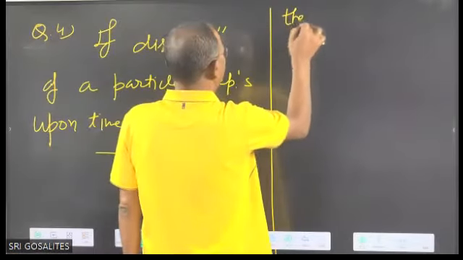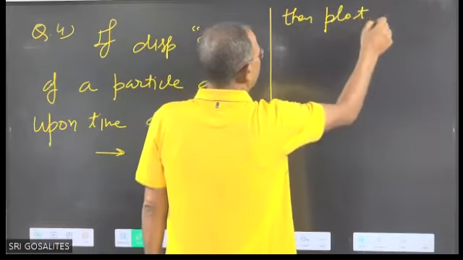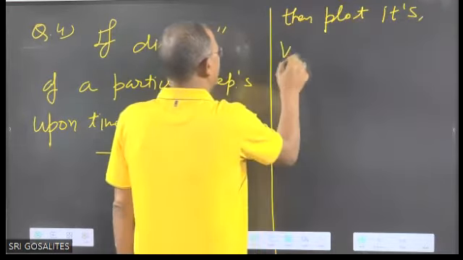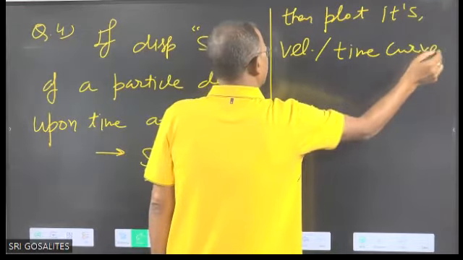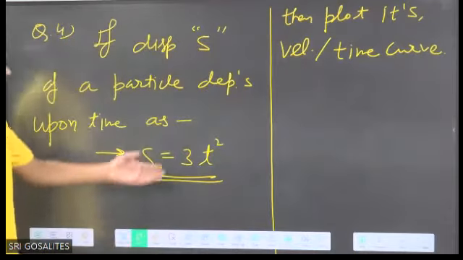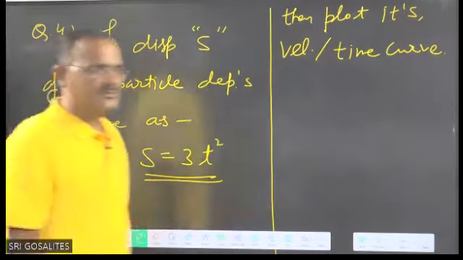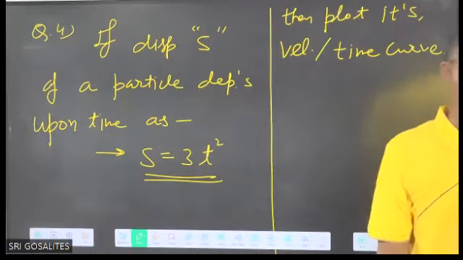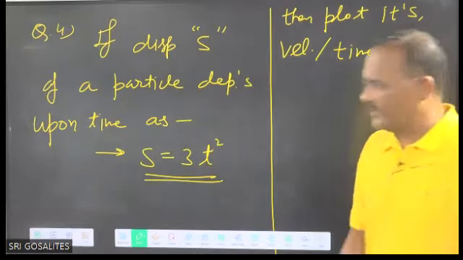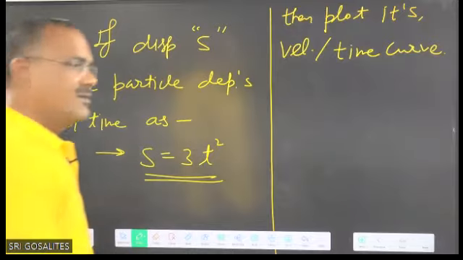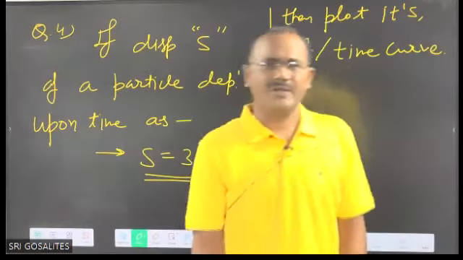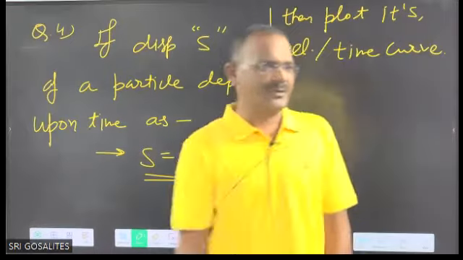Then plot its velocity time curve. Okay, how will its velocity time curve be? Come on. Solve this question. One minute for you all. All of you should write. Remember, velocity is the rate of change of displacement, ds by dt.